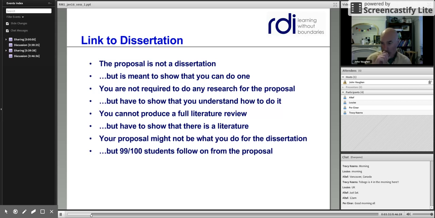One of the positive things about that is that if you, for example, end up writing 6,000 words for this, and you've obviously got to trim it down by a significant amount, the probability is those additional 2,000 or 3,000 words could be used in your dissertation. So one of the good things about this module is that even if you massively overshoot on words and have to slash things out, the probability is that could actually go into your dissertation.